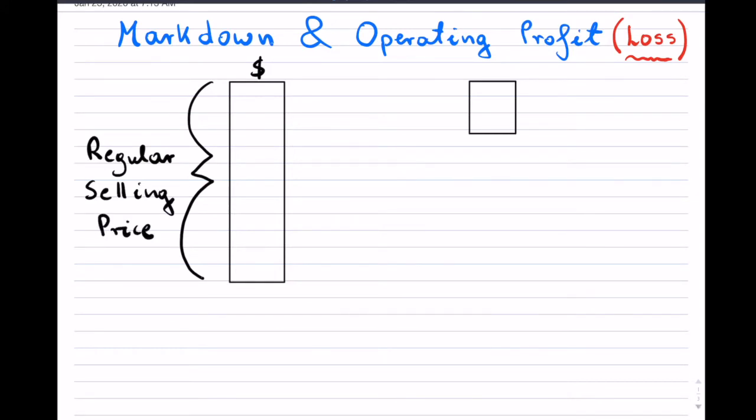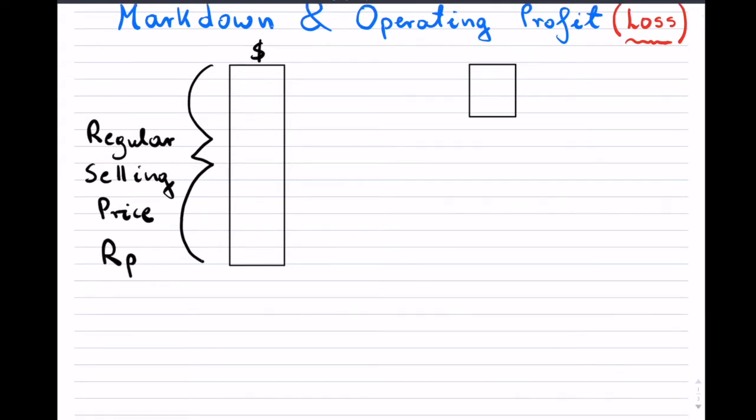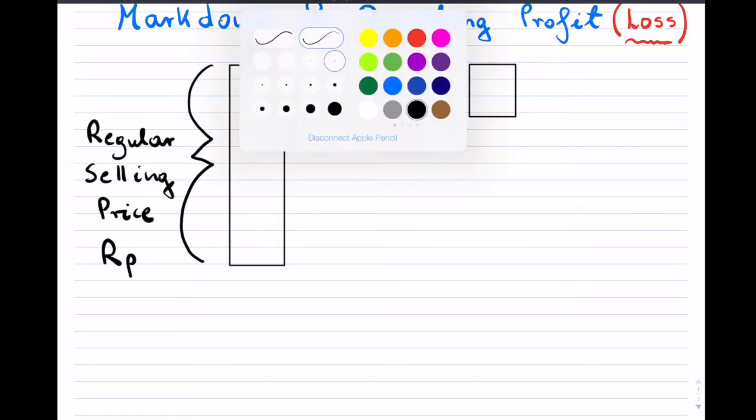In the video on markups, I used selling price S to designate this. Here, because it is the regular price, I'll just put RP for convenience. And I mentioned that this particular price was made up of basically three components inside of it.